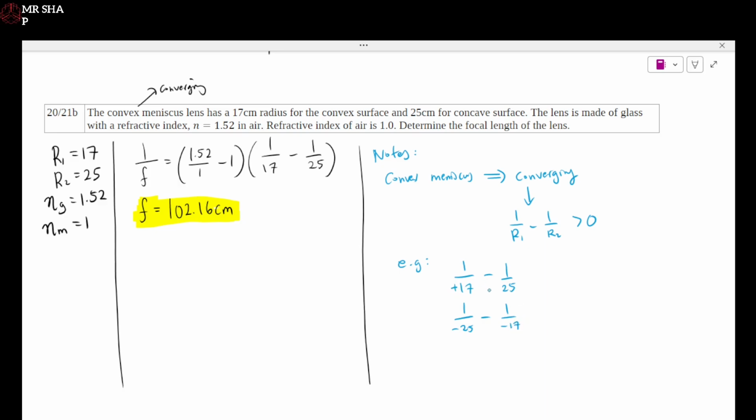As long as they're both the same signs, they are going to be positive. If they're in opposite signs, that is a biconvex lens. Hopefully that clears things up, and then we'll move on to the next question.